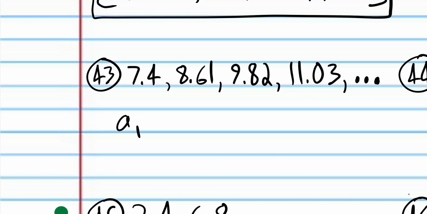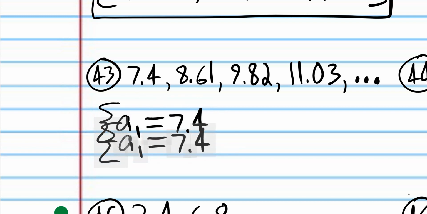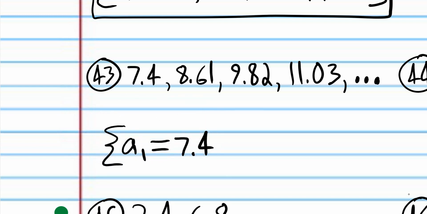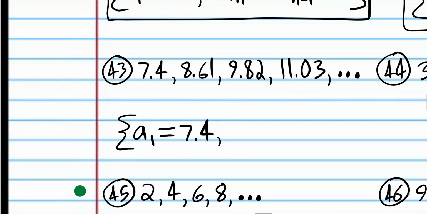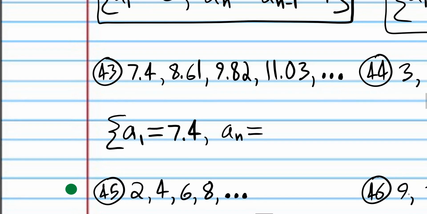The first term, we're always supposed to write the first term, given those directions. The first term is 7.4, and use a comma. And in recursive form, we show that to find a term in the sequence, we take the previous term and we add 1.21.